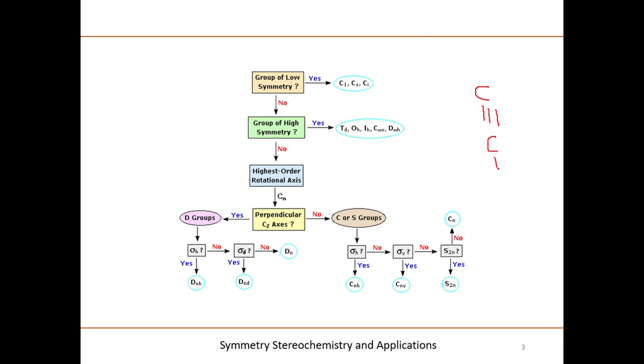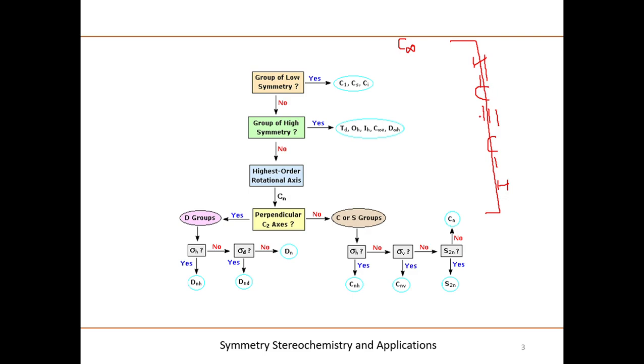So here we have acetylene. We will check the other symmetry elements which are present in this molecule. So if we see, here we have the principal axis of rotation, C infinity, because it's the vertical axis.